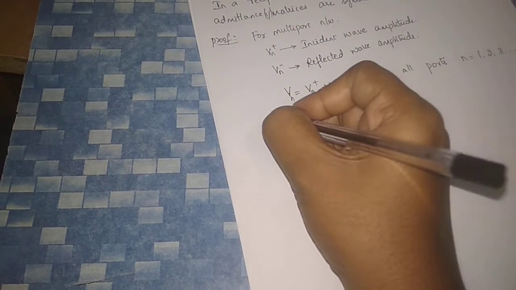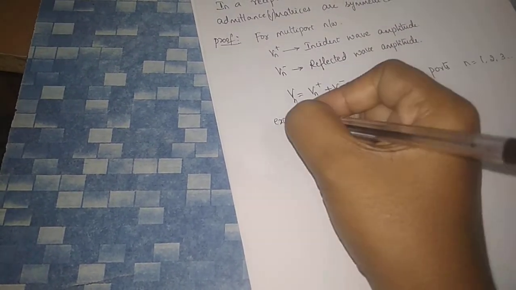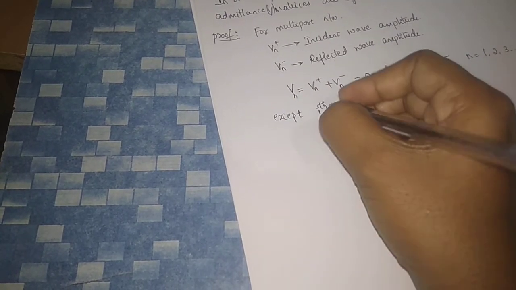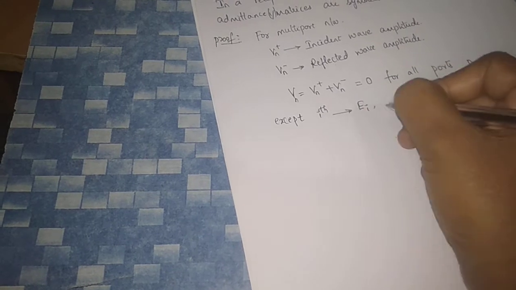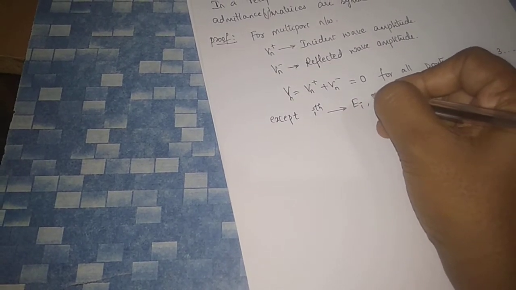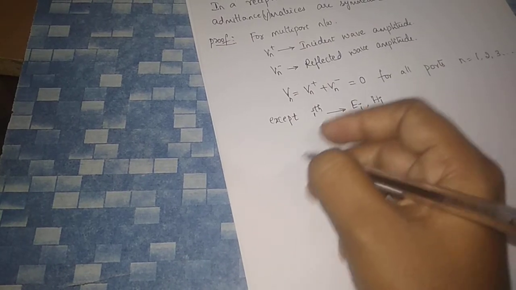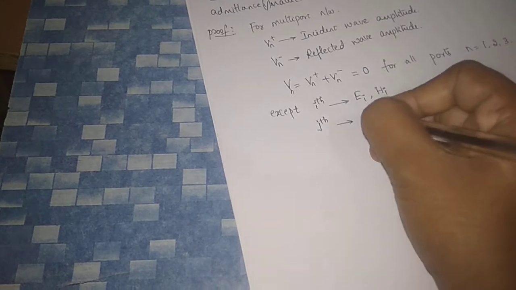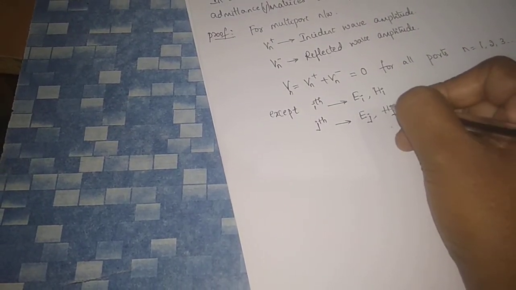Okay, except we are taking this condition for all the ports except for the ith port, where you have the fields Ei and Hi, and for the jth port, which gives you the fields Ej and Hj.